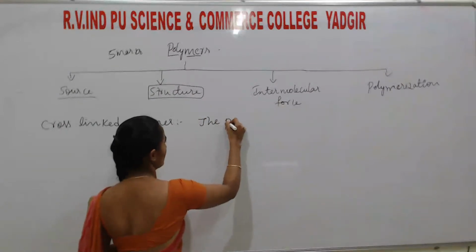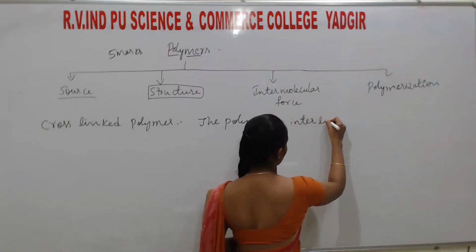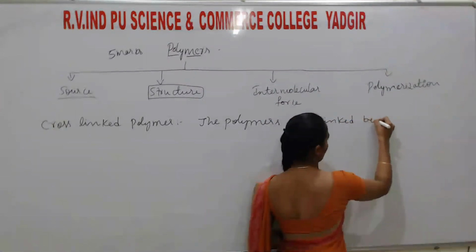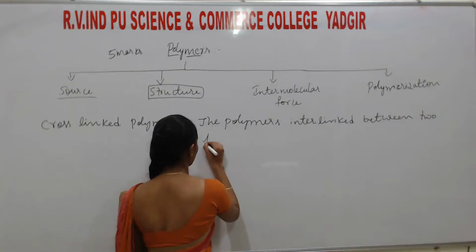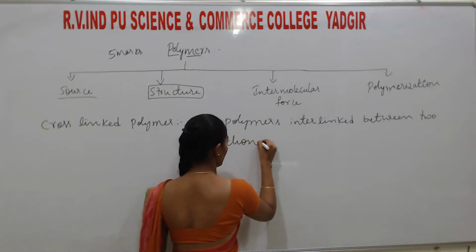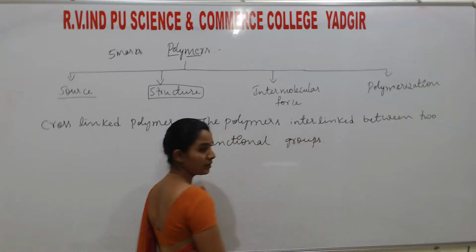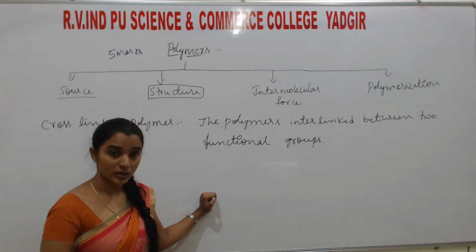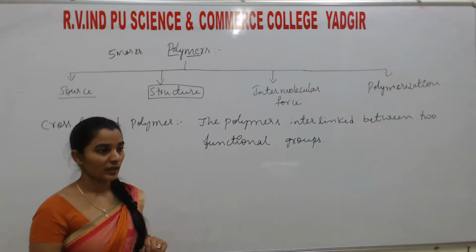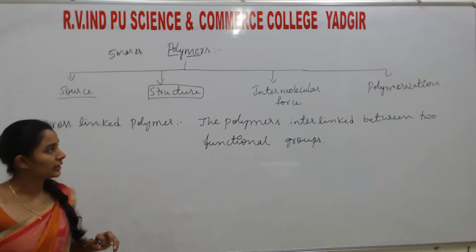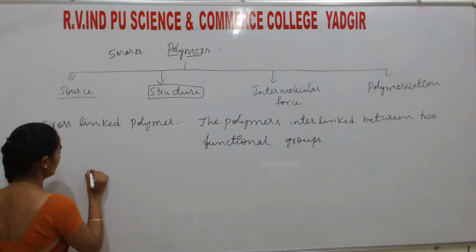The polymers interlinked between two functional groups. Understand? In the same molecule, two functional groups are there, and they are interlinked with each other. Understand? So an example for cross-linked, you may take which one?